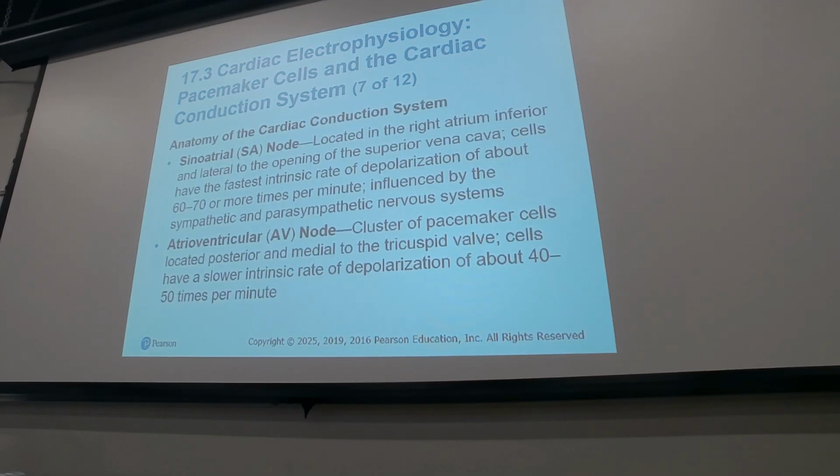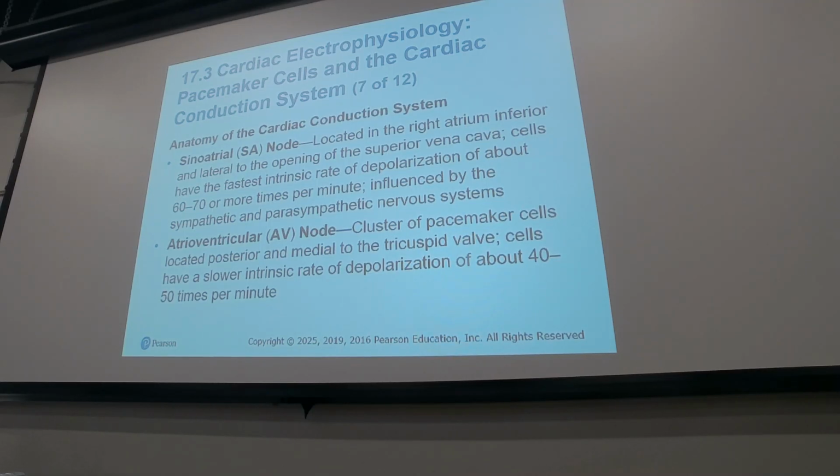So now for the segments. We have the SA node that is located in the right atrium, lateral to the opening of the superior vena cava.